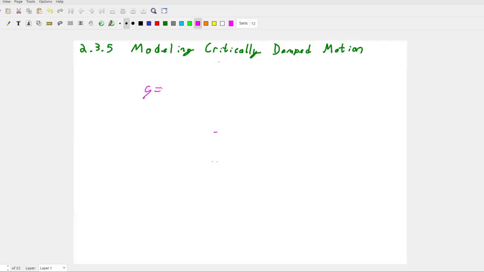Again, this is when zeta is equal to 1. Lambda will be equal negative real numbers, which is a little bit confusing because we get lambda 1, 2 is equal to negative zeta omega n plus or minus omega n square root of zeta squared minus 1.